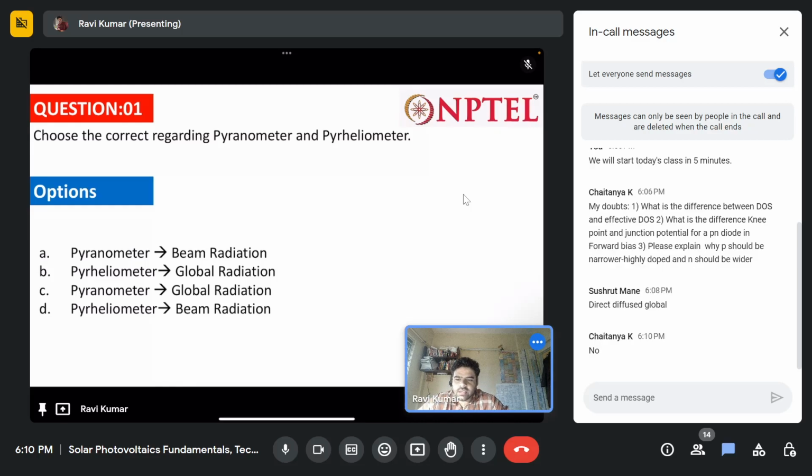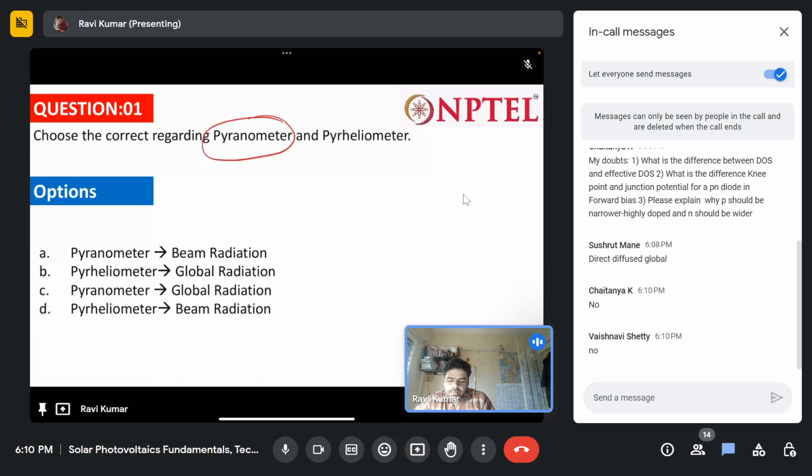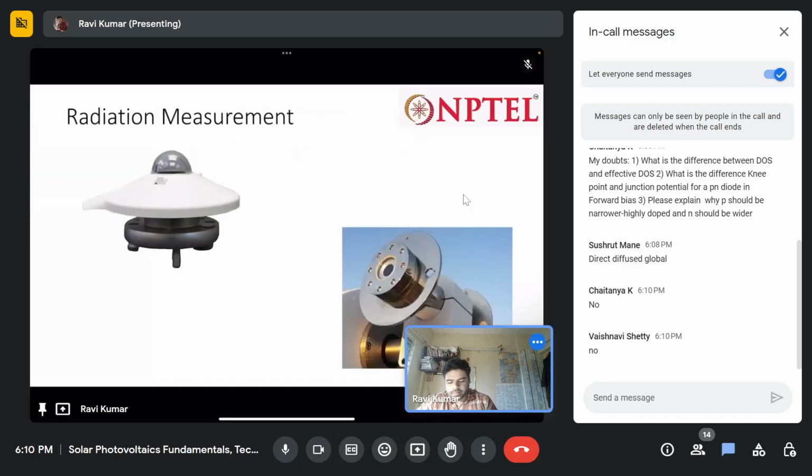No, okay, Chaitanya. There are two devices, pyranometer and periheliometer. First we will see what these devices are, then we will come to this question again. As you don't know, I'll tell you, this is the pyranometer and this is the periheliometer.